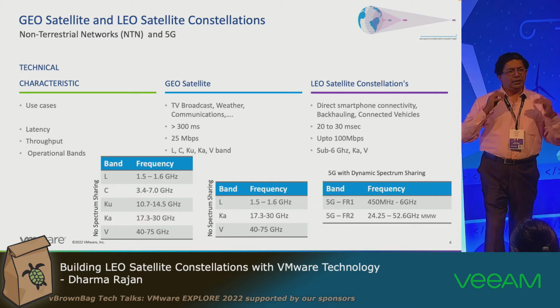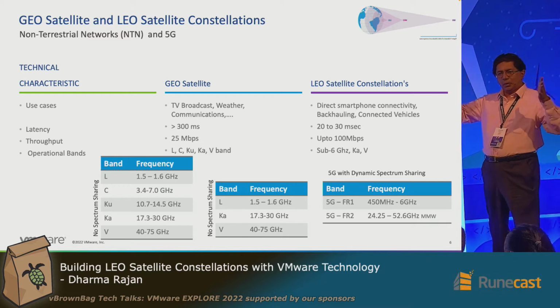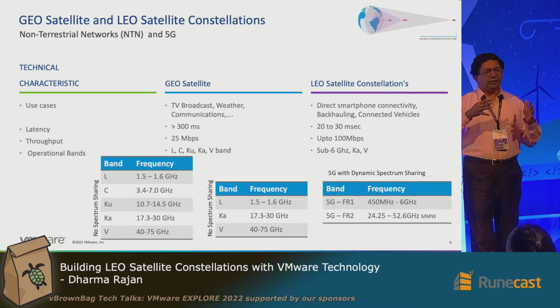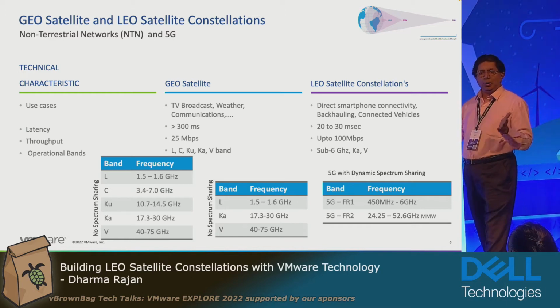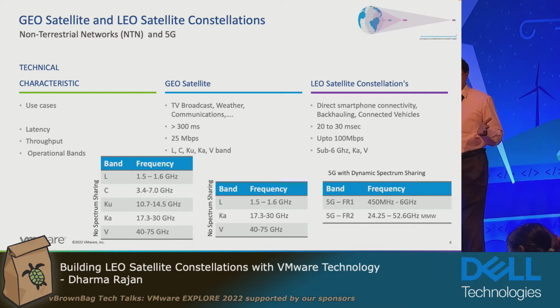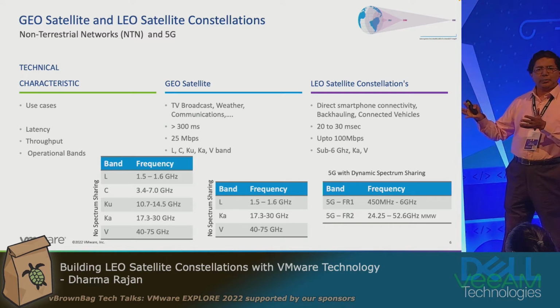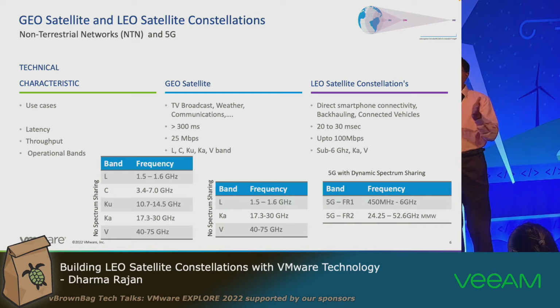The challenge we had with geosatellites was that because these antennas were all fixed and the spectrum bands were fixed, there was no concept of spectrum sharing. Comes 5G, where the new radio is everything about software. The BBU units can be transformed into central units, distributed units, RAN intelligent controllers, everything is in software.